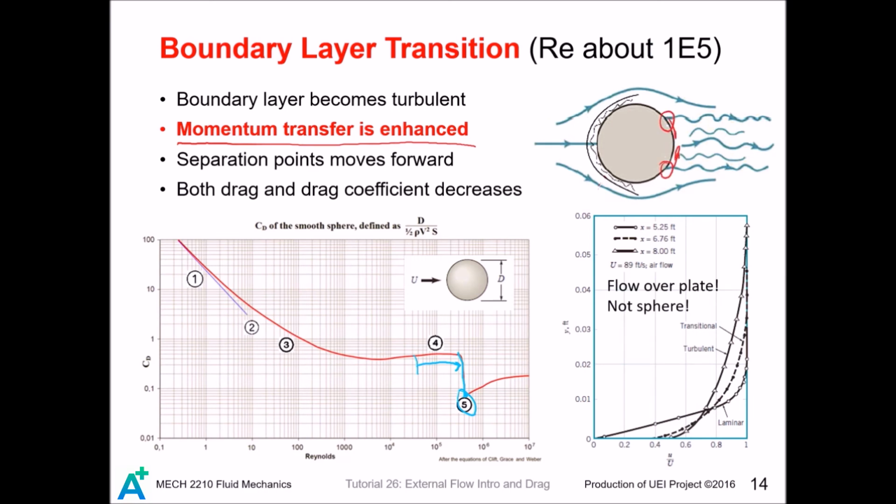The area of the wake region is smaller, and the pressure drag is decreased significantly. As a consequence, both the drag and the drag coefficient decrease. And not only for a sphere, for a plate, there are also similar laminar to turbulent boundary layer transitions.